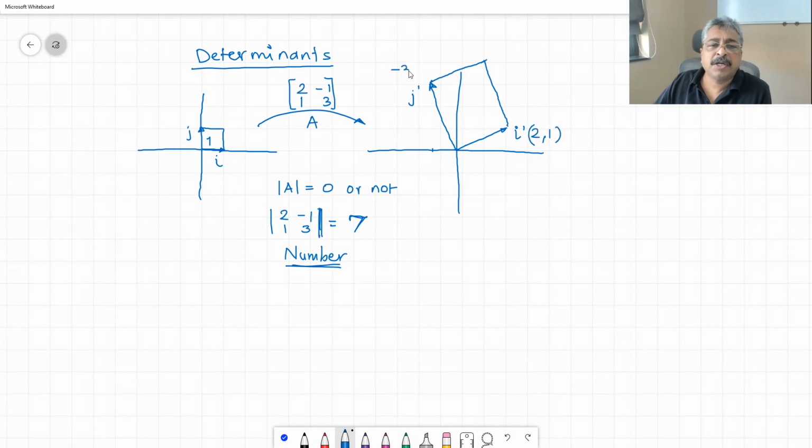This is minus 1 comma 3. Then will we be able to calculate the area of this parallelogram? This is 1 comma 4. And you will realize that the area of this parallelogram is 7.